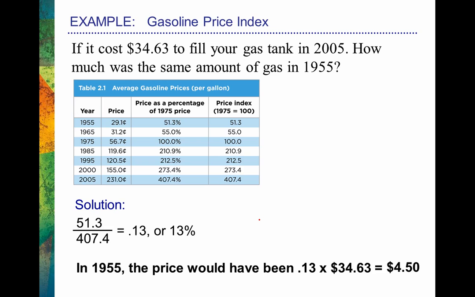So about $4.50. So if it costs $34.63 to fill your tank in 2005, you could have purchased the same amount of gas in 1955 for $4.50. We can use these numbers to compute any ratio to compare any set of years. You'll probably want to go through a couple examples of that just to make sure you're familiar, just for homework.